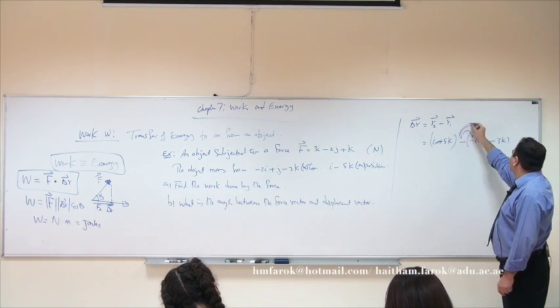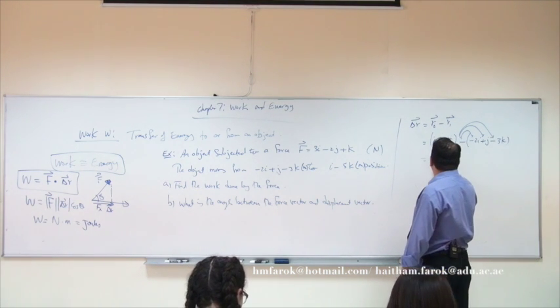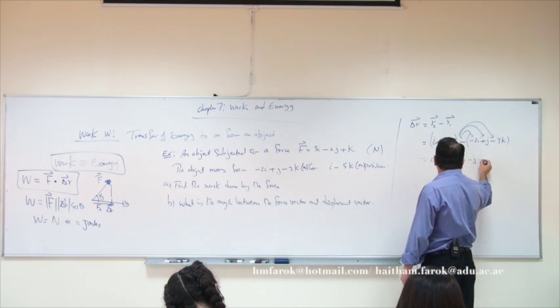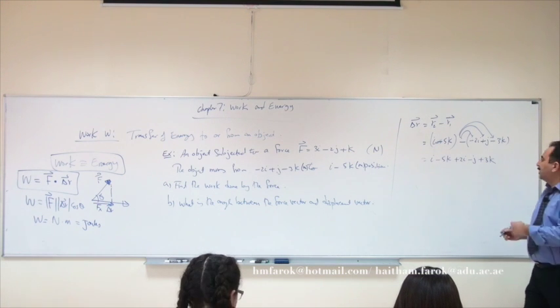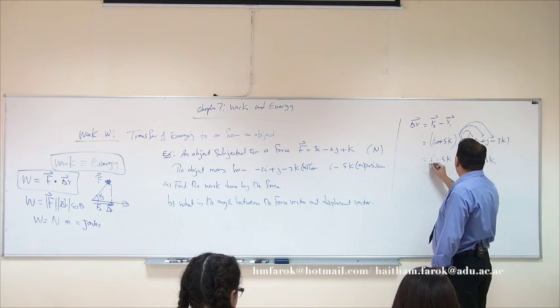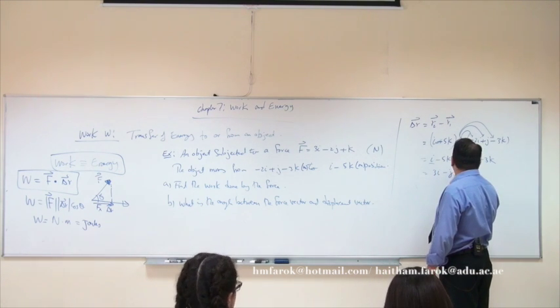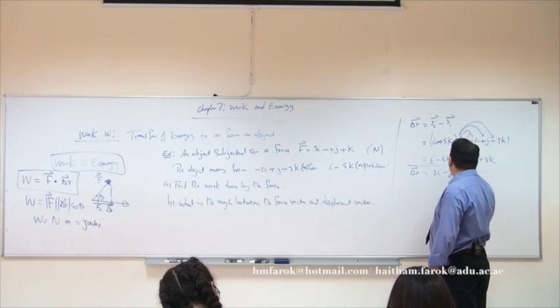This is minus, this is a plus. I minus 5K plus 2I minus J plus 3K. Group the i's. 3I minus J minus 2K. Here we found the displacement vector.